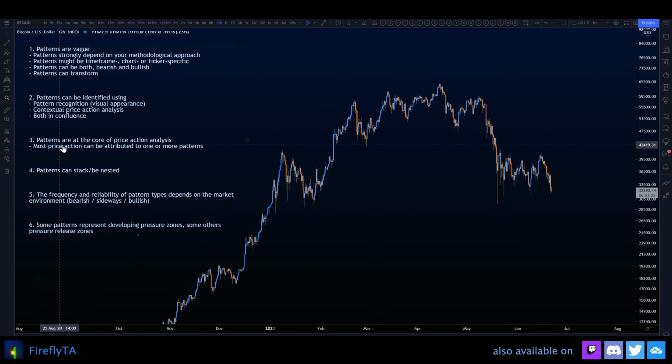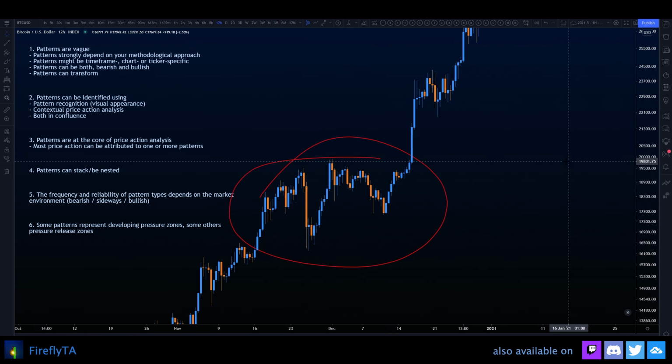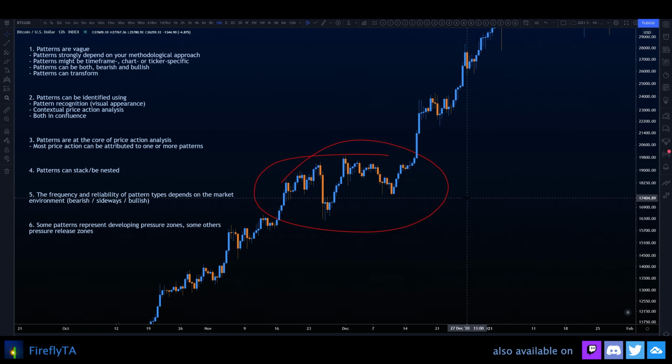Okay, so point 3. Patterns are at the core of price action analysis. They are at the core because most price action can be attributed to one or more patterns. So when you got, for example, this kind of price action down here, you're able to attribute this to multiple patterns.